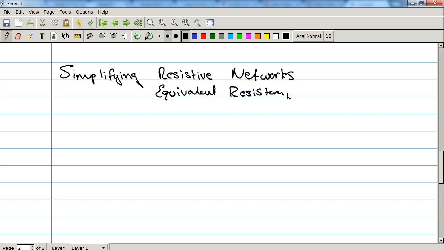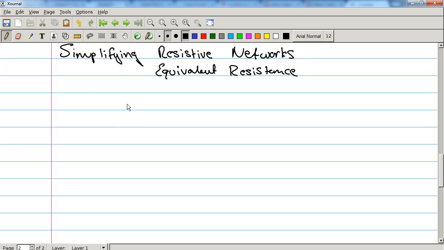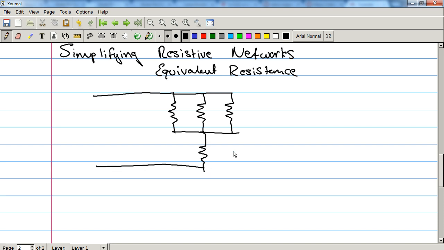So basically, at the end of this, what you should be able to do is, if I give you a network of resistors, tell me what their combined resistance is. Meaning, if I were to take a resistance meter and stick one probe here and one probe here, what resistance would I see across the entire thing?